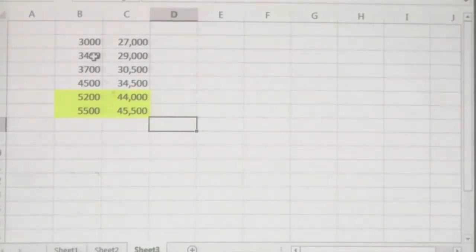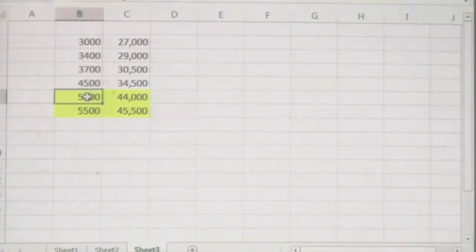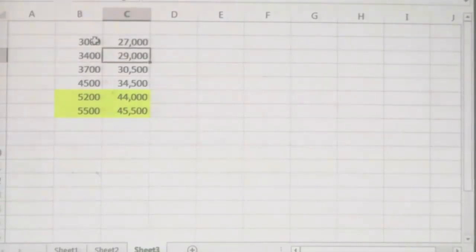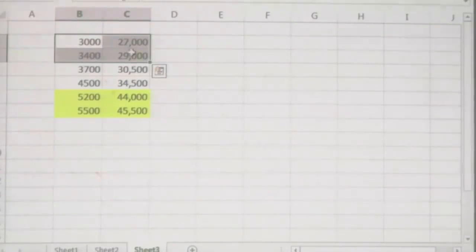Clear? Don't take quantity 4500 and 5200 in order to find out the variable cost. Why? In high-low method, we assume when quantity here increase by 400, if you take these two set, here when quantity increase by 400, cost was increased by 2000.